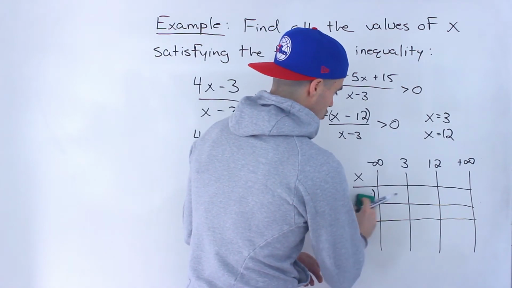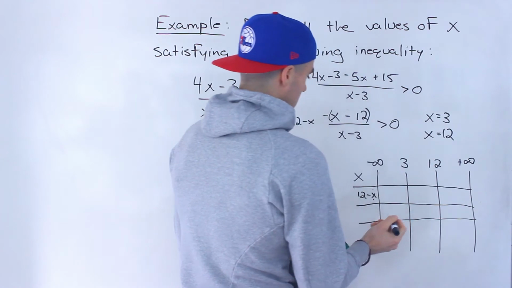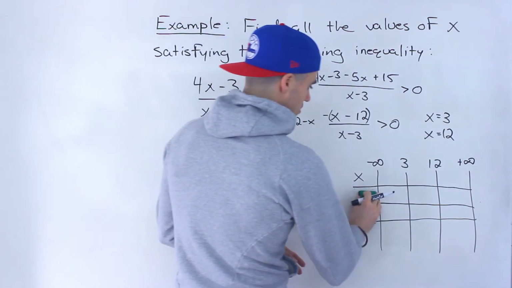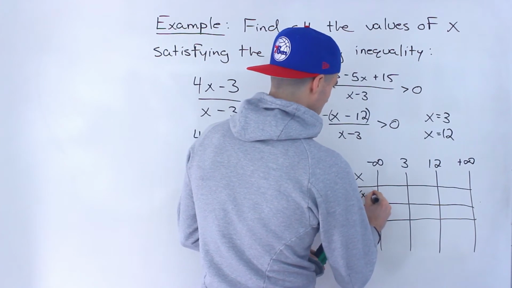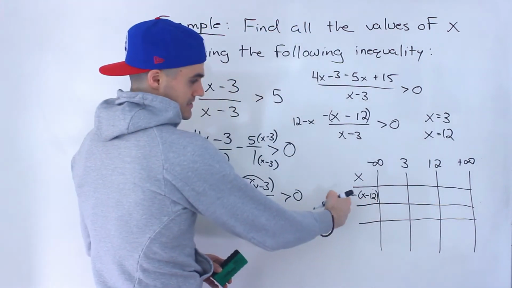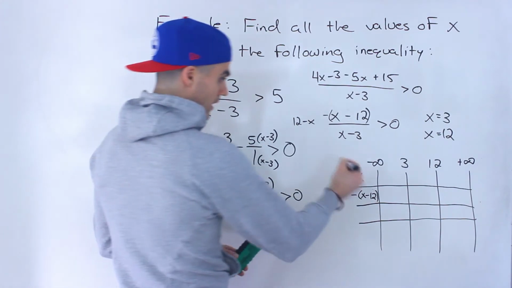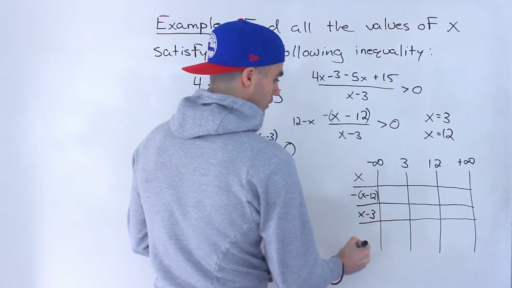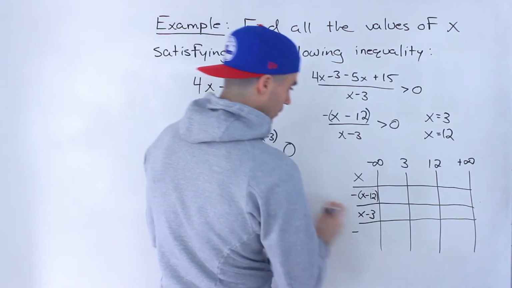Maybe our chart would look nicer if we wrote 12 - x, but let's just keep the negative there. We already went that route. 12 - x and the negative (x - 12) are the exact same thing, so it doesn't matter which one you write. And then the x - 3, I'll write over here, and then we're going to combine them into the actual function that we're working with.